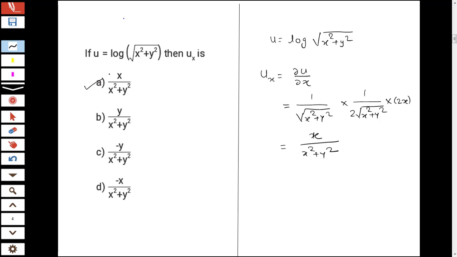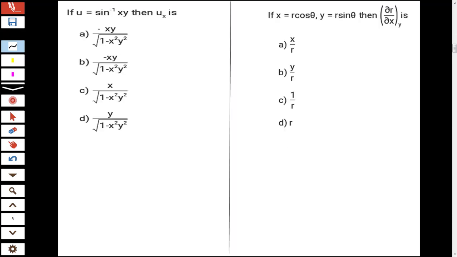Now simple examples. Now this is u is equal to sin inverse of xy. Now we must know the formula for derivative of sin inverse of x. So here u is equal to sin inverse of xy.